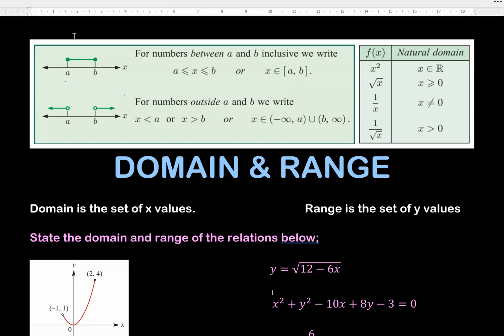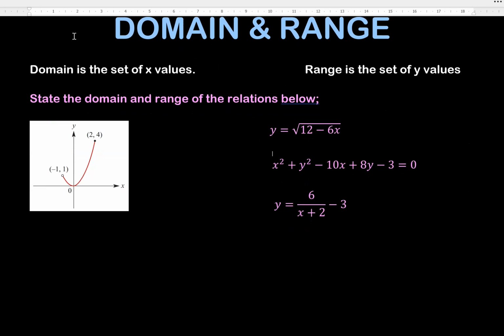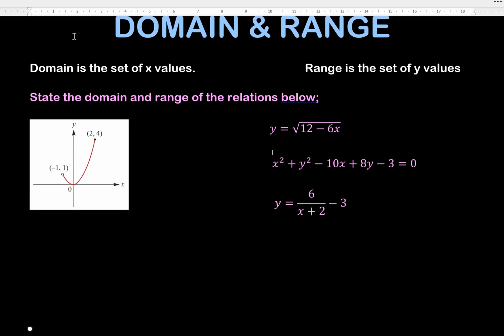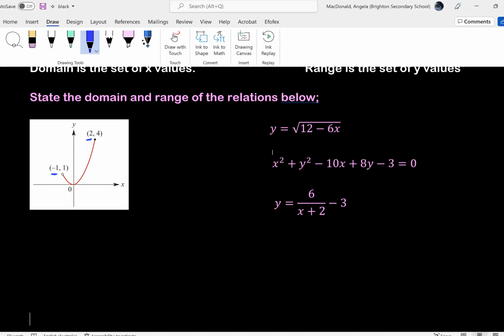All right, let's have a look. We'll use our graphics calculator to help us do this. So the first one we can see here, we're going to look at the x component first. That's a little bit hard to see, isn't it? We'll go back to this. So our x component, we can see clearly that our x value is going to be between -1 and 2.